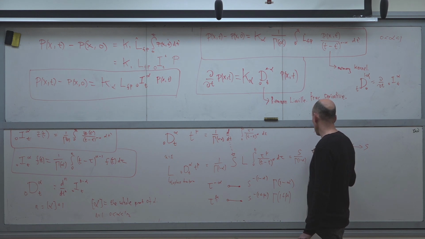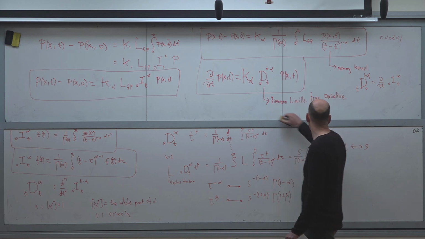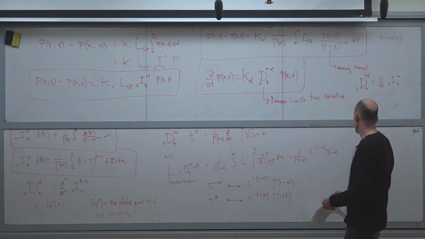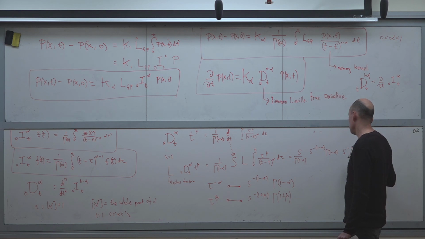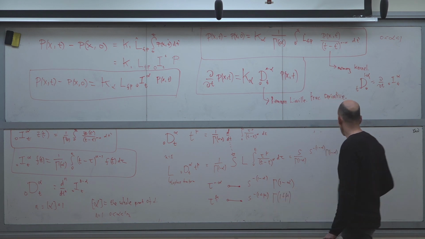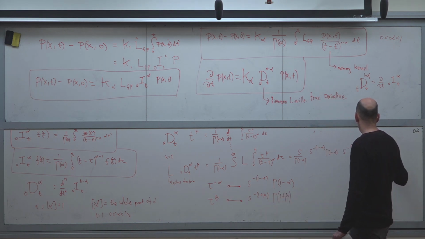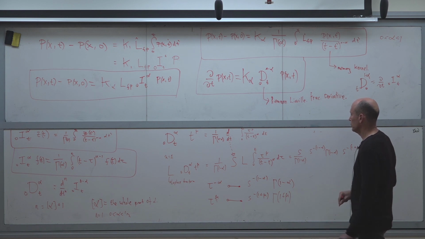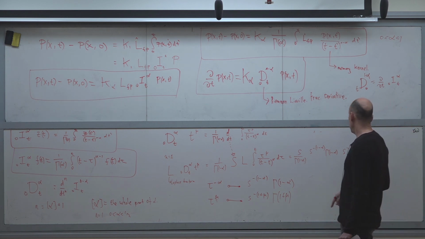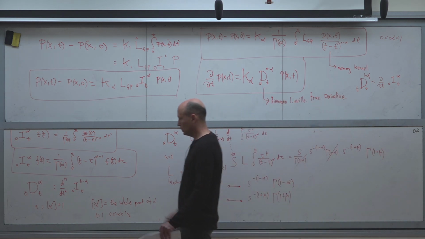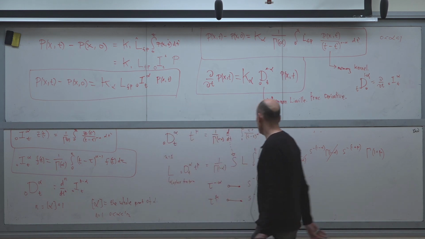It's like being an accountant. s to the (minus 1 minus alpha), gamma (1 minus alpha), s minus 1 plus mu, this one, gamma, and you see this gamma now cancels. This is maybe the reason why Riemann put this gamma here.